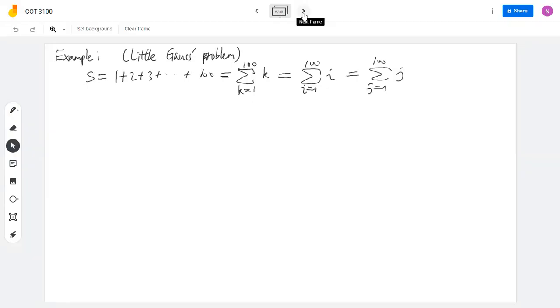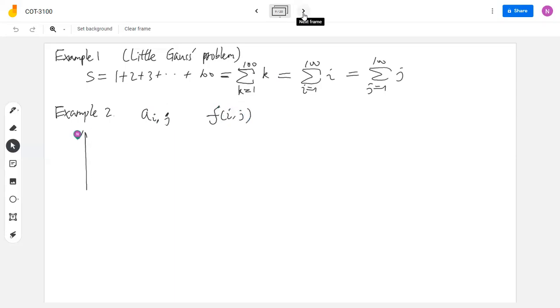Okay, the next example. We defined a sequence in only one variable, but you can imagine that we can have a two-dimensional sequence. You can think about this as A_ij, or if you're not comfortable with A_ij, you can think about a function defined F(i,j).